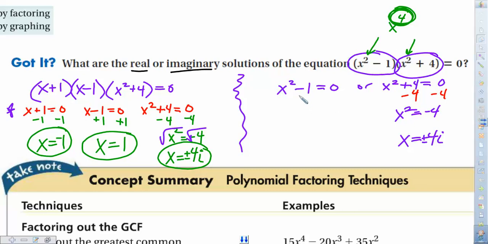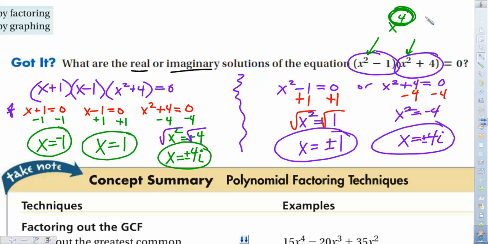We could do the exact same thing here, right? Couldn't we add 1 to both sides? That sets us up with x squared equals 1, and then when we take the square root to isolate the x, remember when you take a square root to solve, there are two answers, a positive and a negative case. In this case it's 1, so then 1, 2, 3, 4. Remember, fundamental theorem of algebra, 4 solutions.